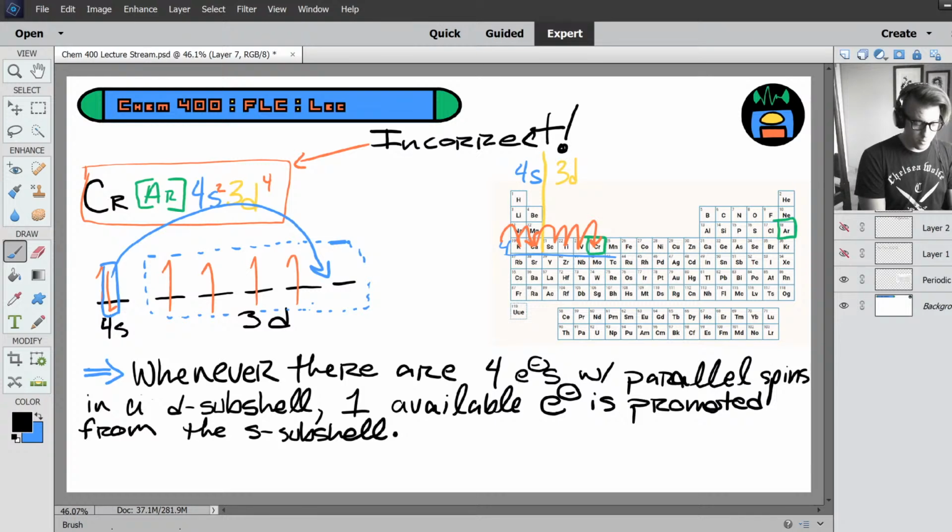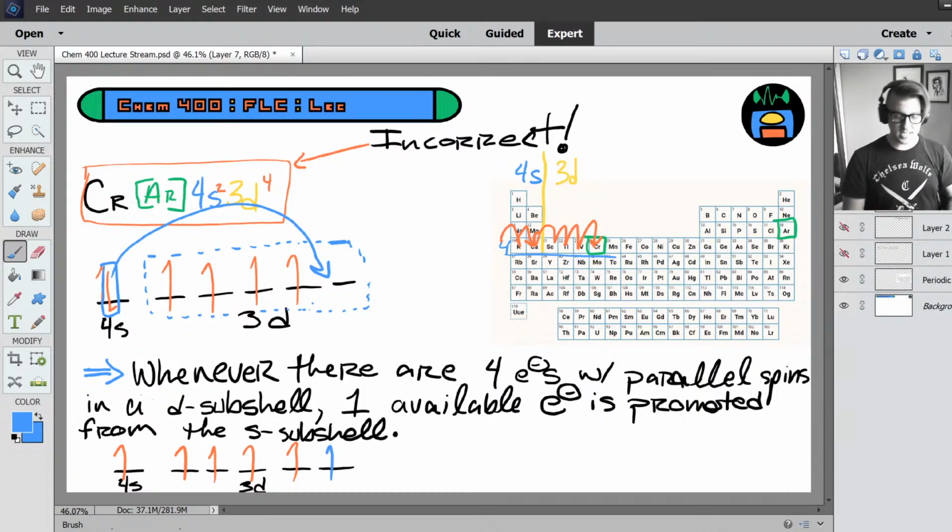So the orbital diagram for chromium is actually like this. There's actually 1 electron in the S subshell, and then 1, 2, 3, 4, 5 electrons in the D subshell.